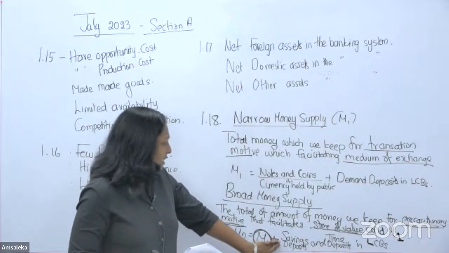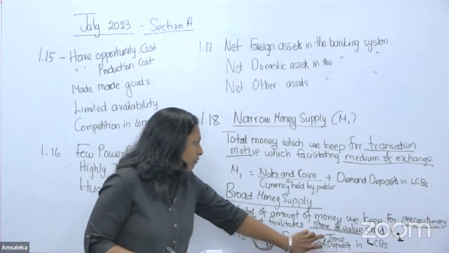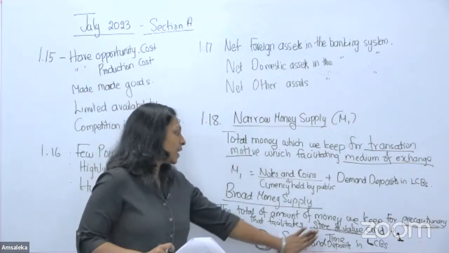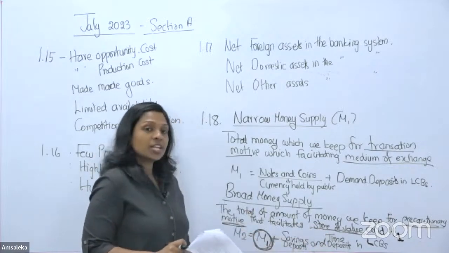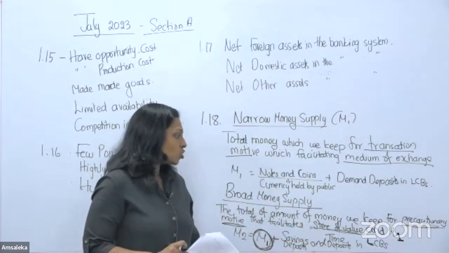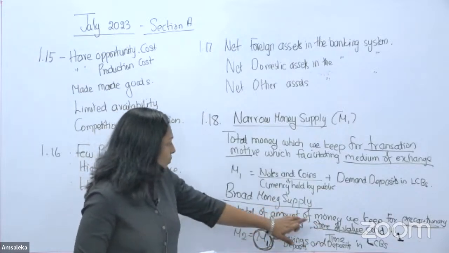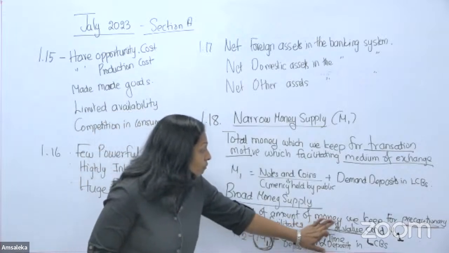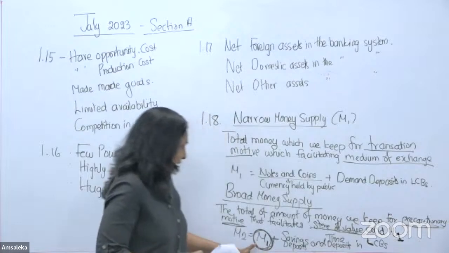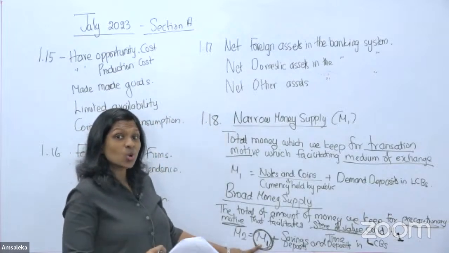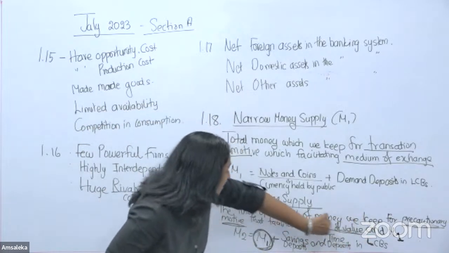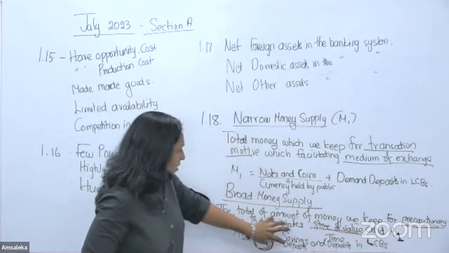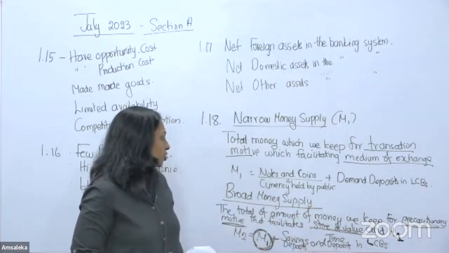So M1 plus the money which we keep for precautionary motive, which facilitates store of value. The total amount of money we keep for precautionary motive that facilitates store of value, and M1. So M1 plus this certain thing, which is for the precautionary motive.